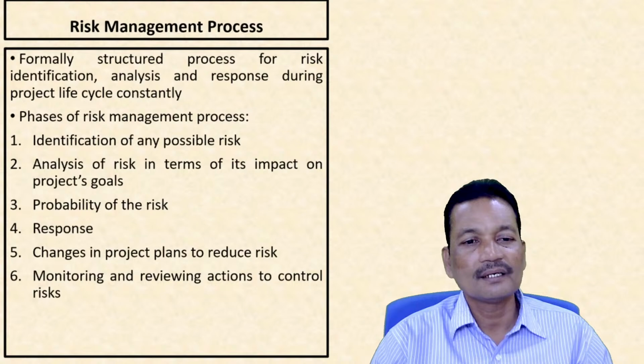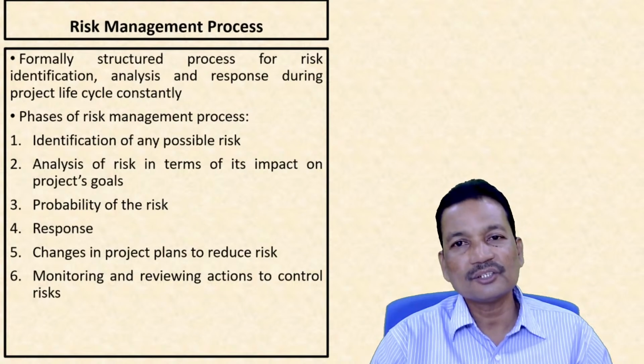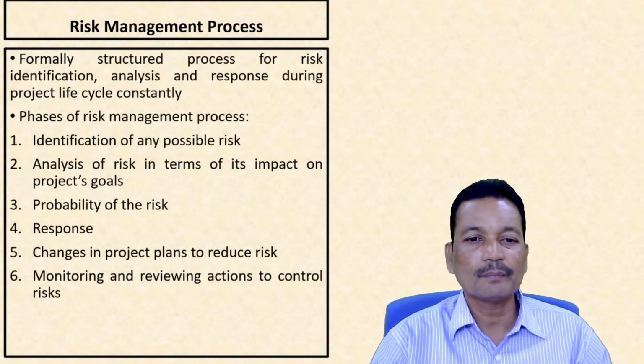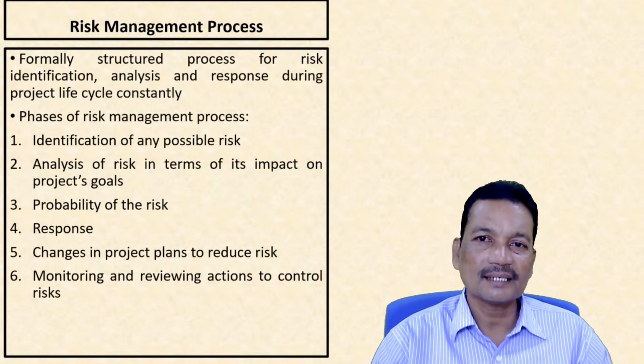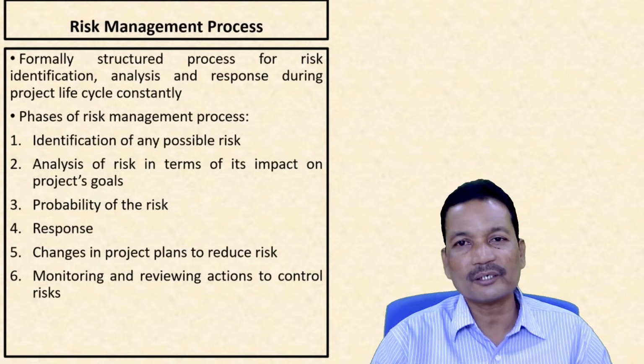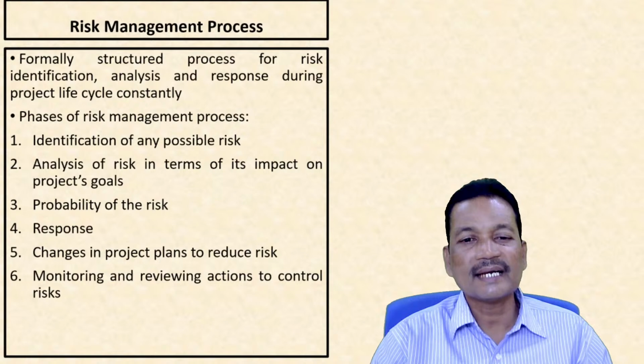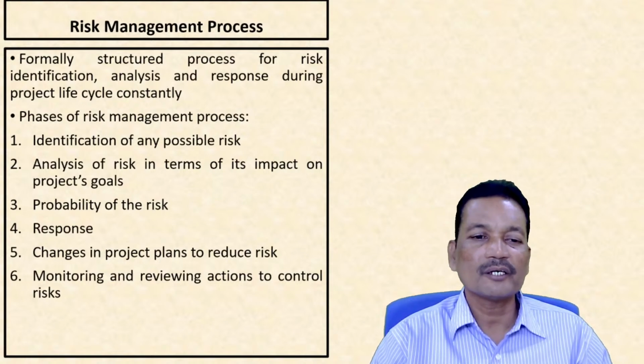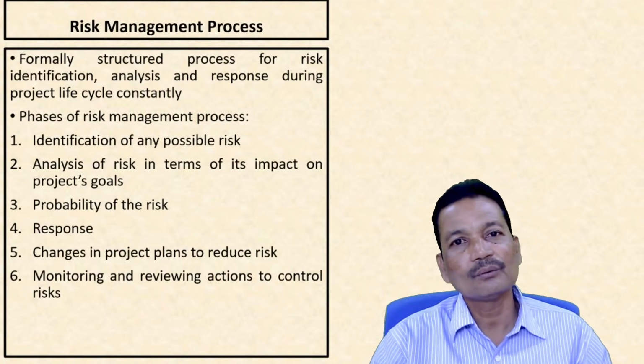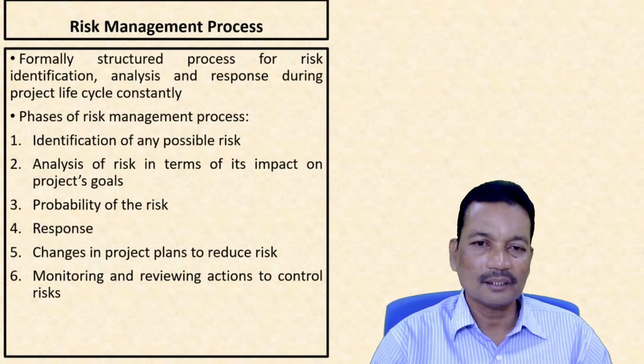Next is, can we make some changes in the project plan so that the project risk that is arising out of a particular activity can be brought down? So monitoring and review actions will control the risks.